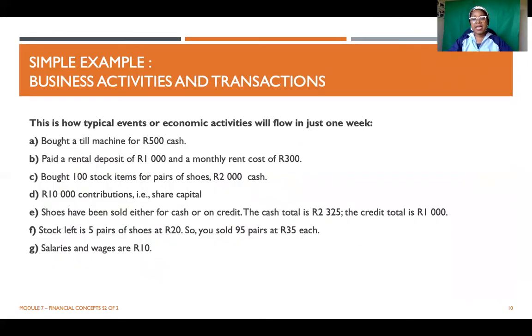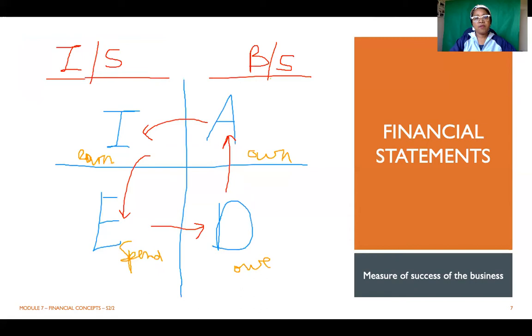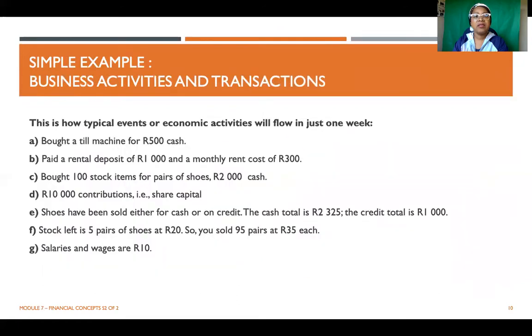Now, taking that understanding, I am going to do the transactions. This is just a very simple example, just to explain how transactions or activities work in a business, and this is just one week. The first transaction: we bought a till machine.